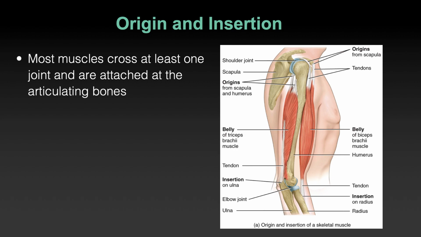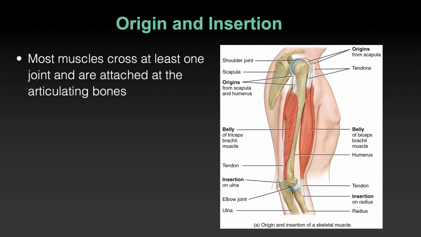Now, in order for a muscle to create movement, that muscle needs to span a joint. Sure, it has two attachment points, but if it's only on one bone and doesn't span a joint, all it would do when it contracted was try to compress the bone. The bone can't move very easily. No motion would occur.